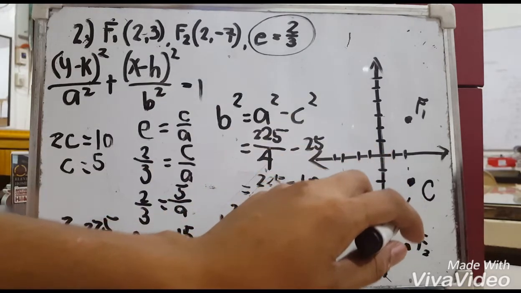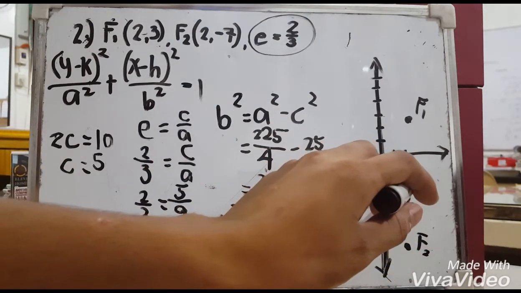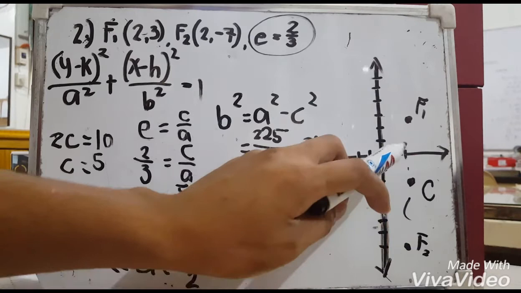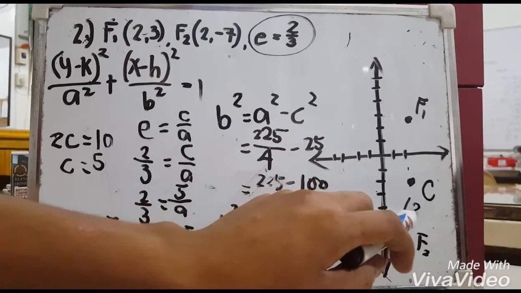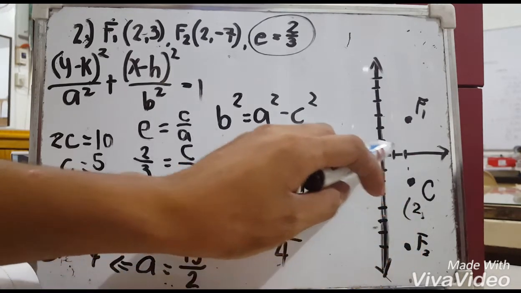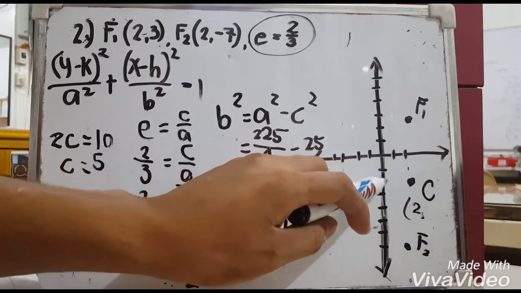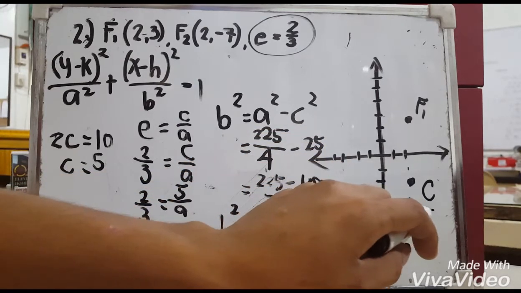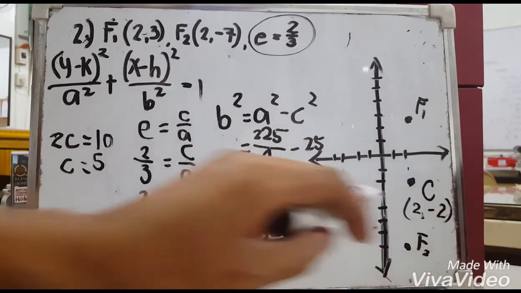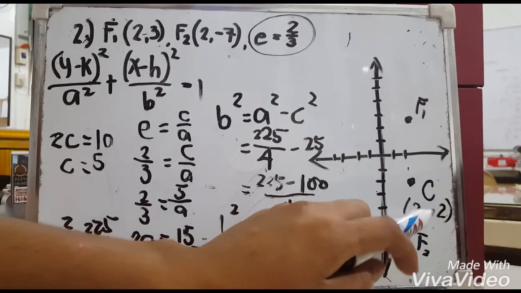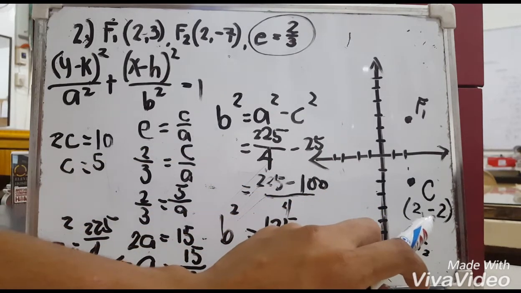And take note, the coordinates of the center here, we have x is 2, and the ordinate is negative 2. So you have here h is 2, and then k is negative 2.